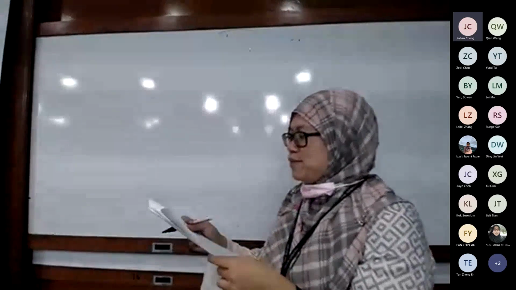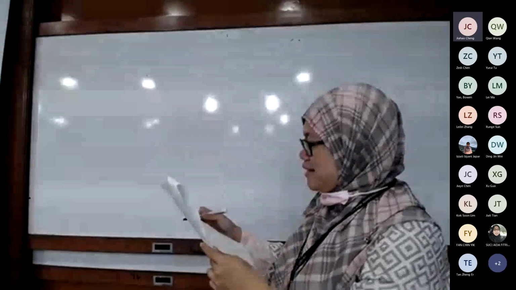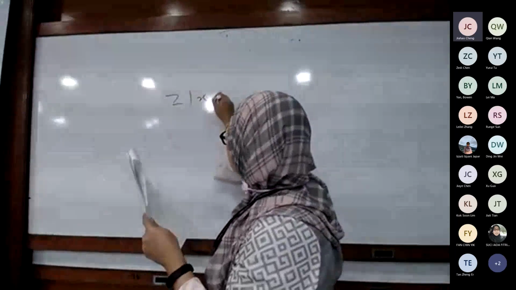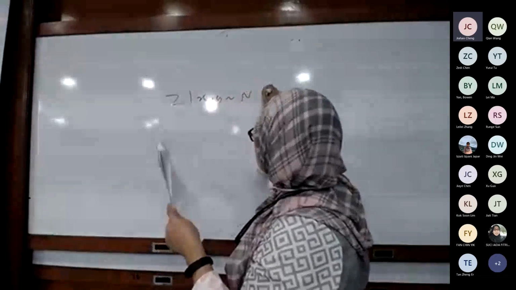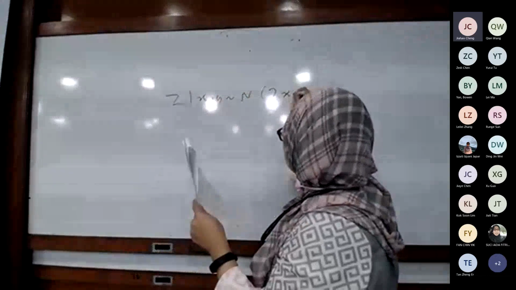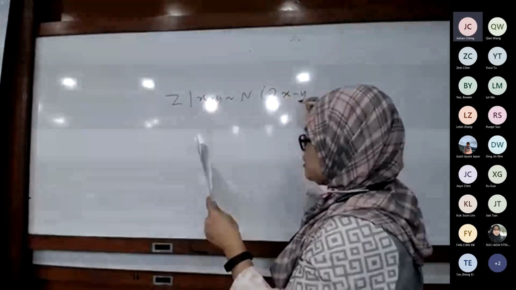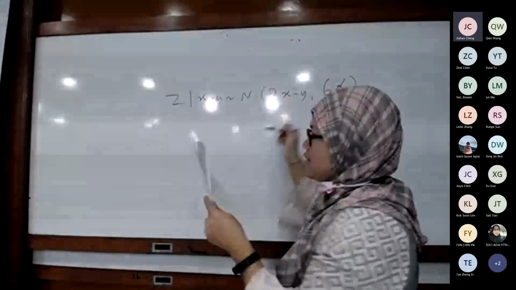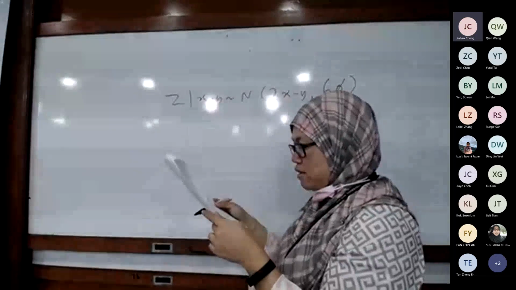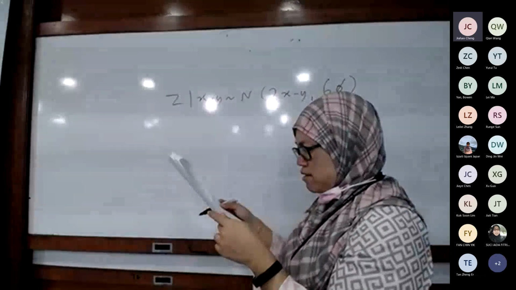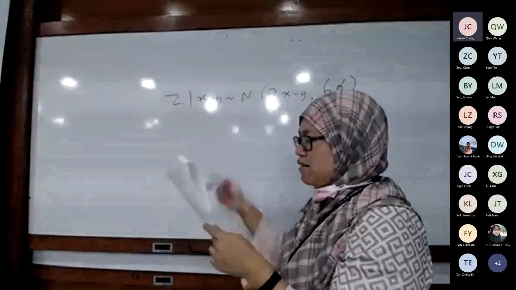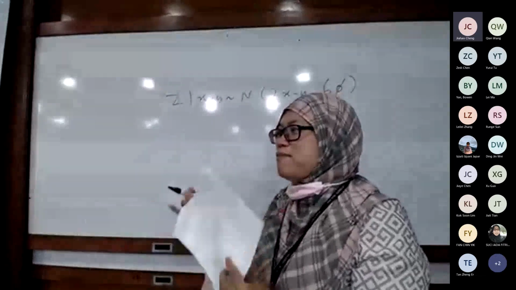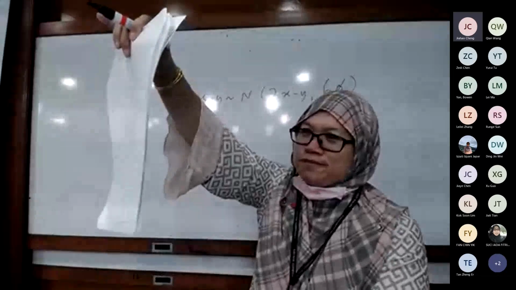Okay, as a practice, the answer would be: the mean is 2x minus y and the variance is 6 phi. After a long manipulation, if you look at my answer, it is this long.